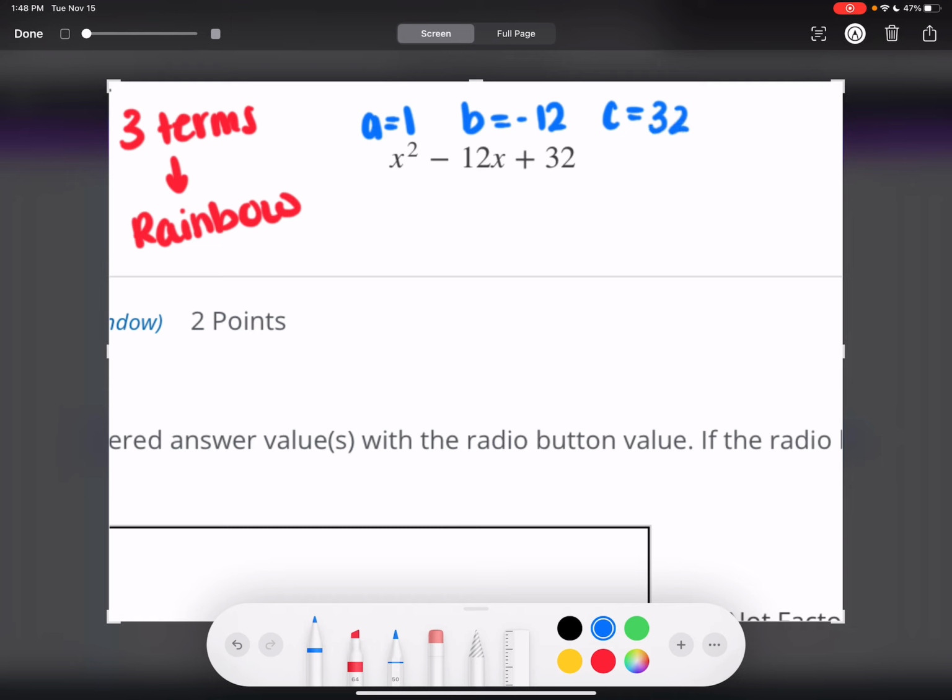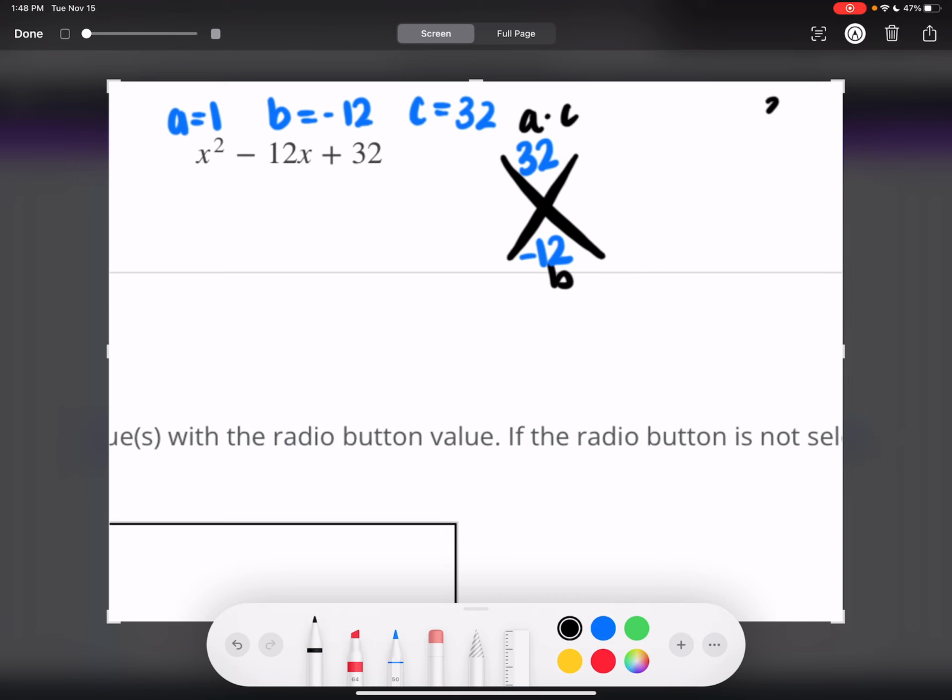So I'm going to set up my X. A times C goes on top, B on the bottom. Well, A times C, 1 times 32 is going to give me 32, and then B on the bottom, negative 12. I'm now going to list off all my factors of 32. So I'm going to start with 32 and 1.